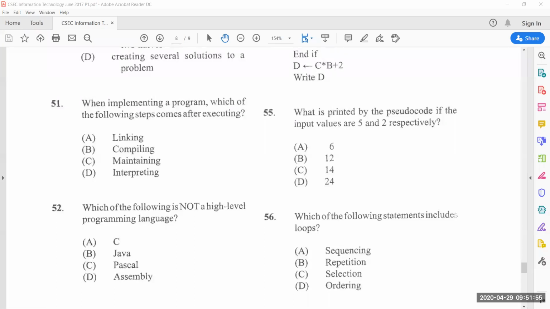All right, 51. When implementing a program, which of the following steps comes after executing?